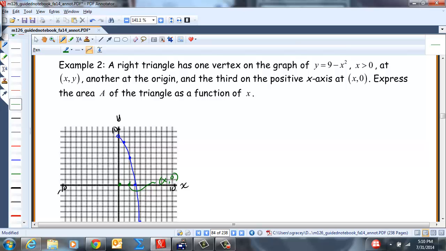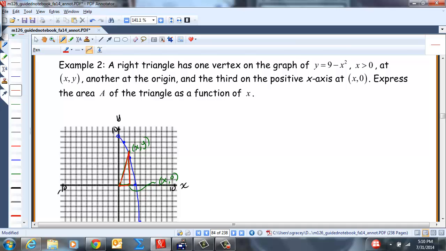We don't know exactly what that ordered pair is, so we'll just call it x y. So here's the picture of our right triangle. Let me highlight that in red. It's not showing up very well in the green.